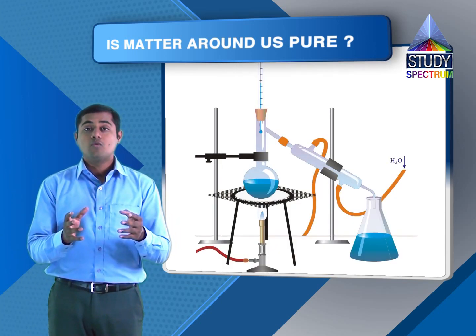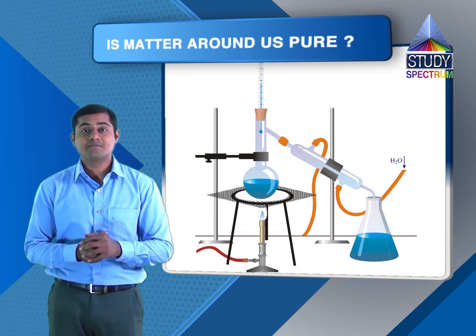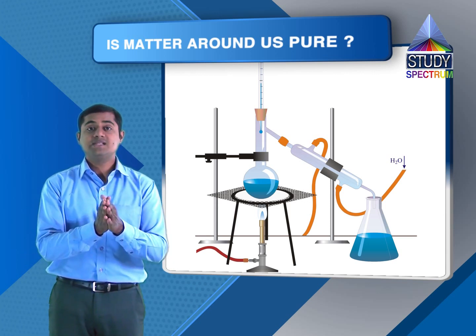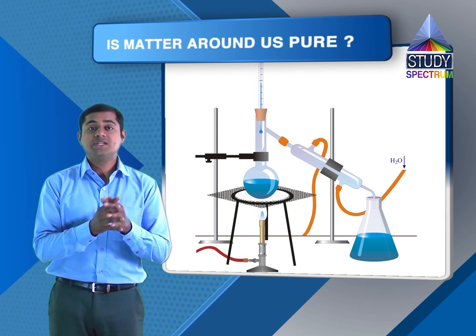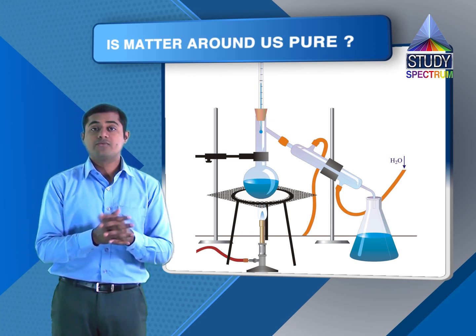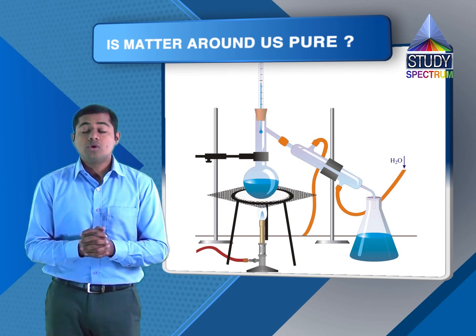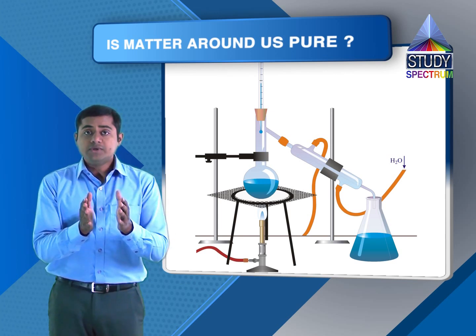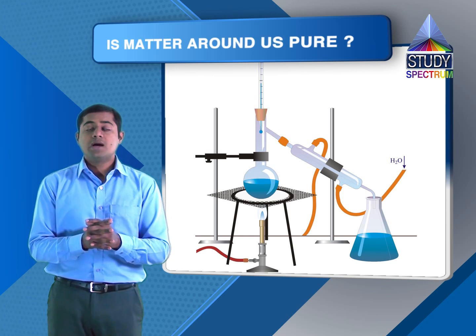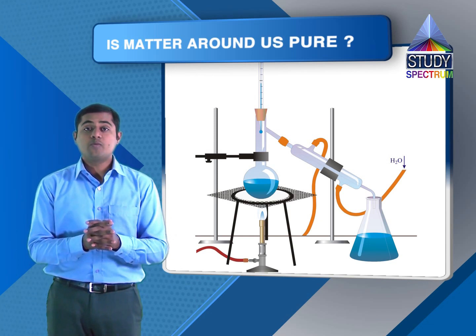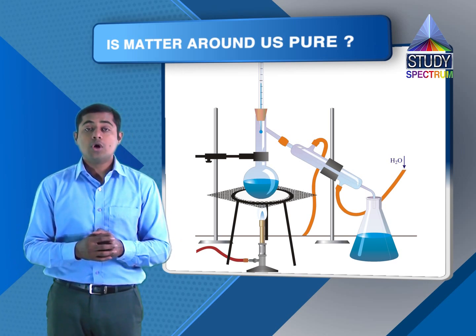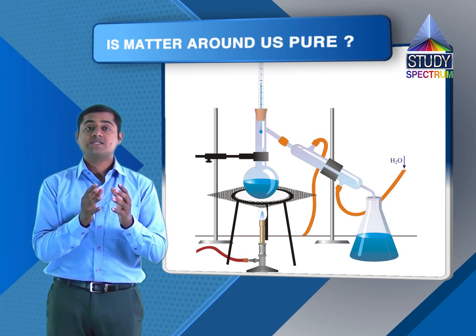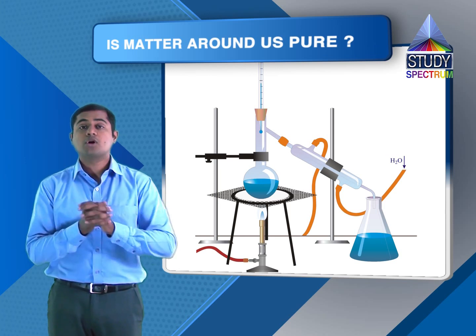Now, we all know what the process of distillation is. We have a distillation flask. We put the mixture into the distillation flask and put it on the flame. Out of two liquids, one of the liquids has its boiling point way earlier than the other. Let's take the example of acetone and water.